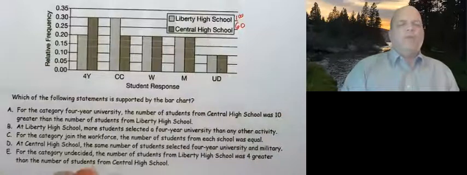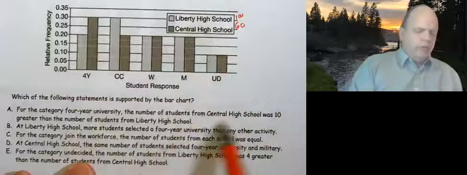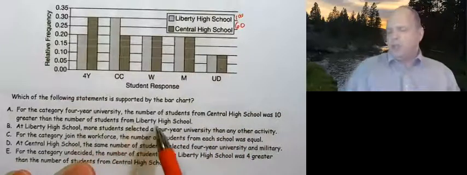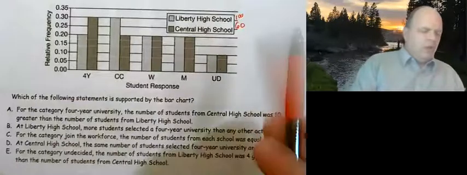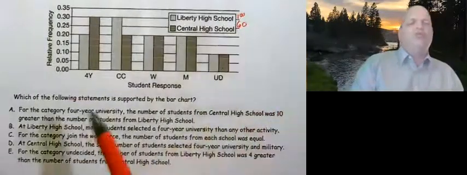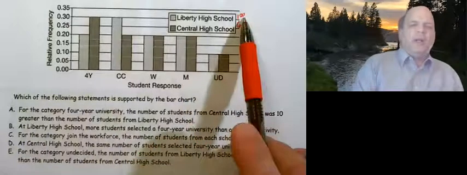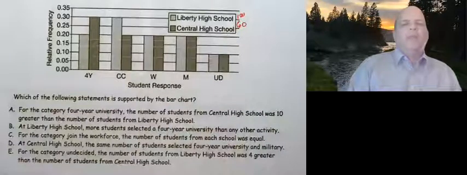For category 4-year university, the number of students from Central High School was 10 greater than the number of students from Liberty High School. Now, normally, when they give us a relative frequency chart, we can't answer that question because relative frequencies show the percentages, not the number. They started off by telling us that we had 100 from Liberty and 60 from Central.